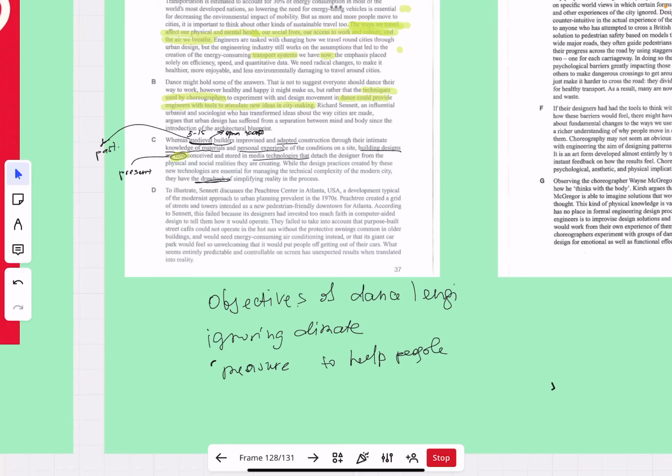According to Sennett, this failed because its designers had invested too much faith in computer-aided design to tell them how it would operate.